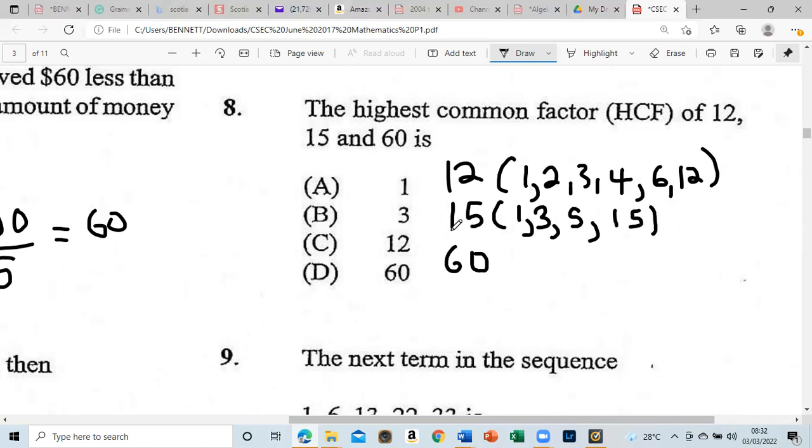All right, so we do the same thing for 60 now. We list all the factors of 60.